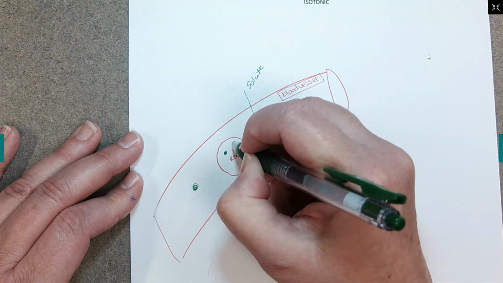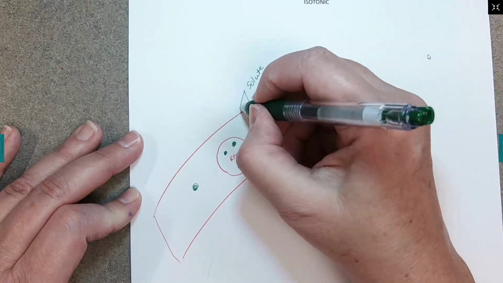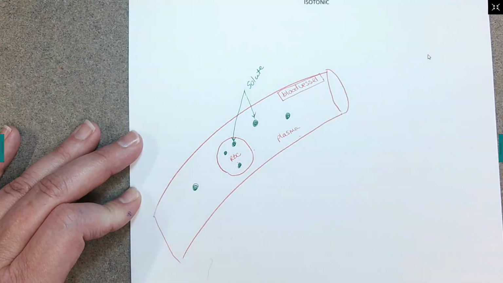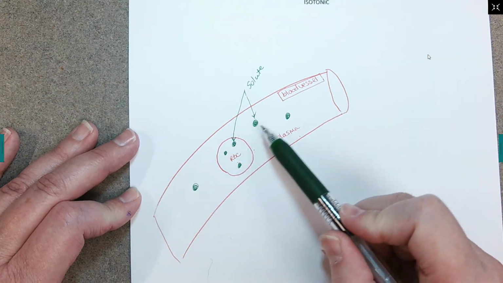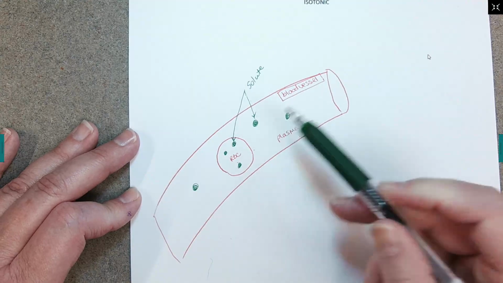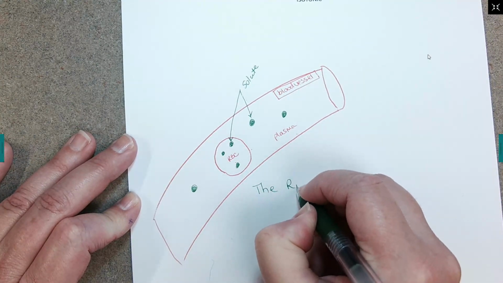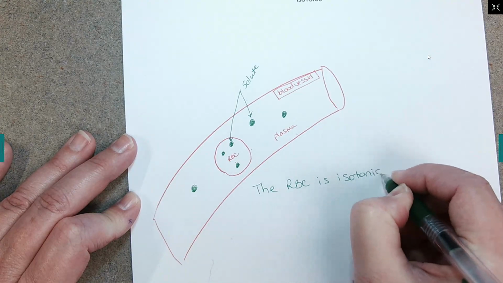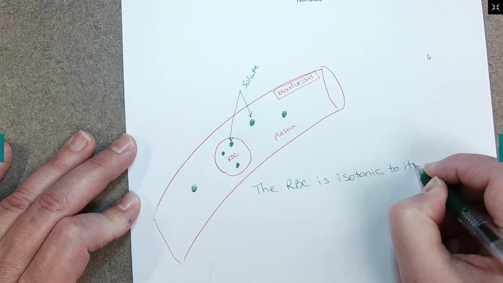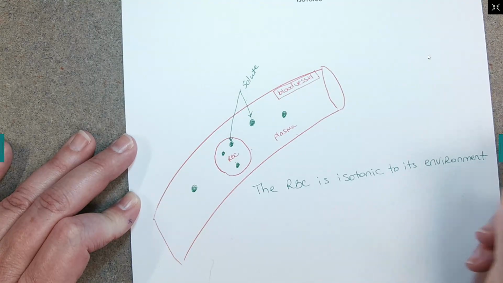And here's our solute particles in our red blood cell. What you notice is we have the same number of solute particles in the red blood cell as we have in the plasma. So we can say the red blood cell is isotonic to its environment, the plasma.